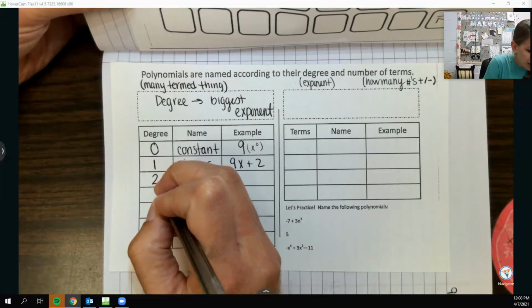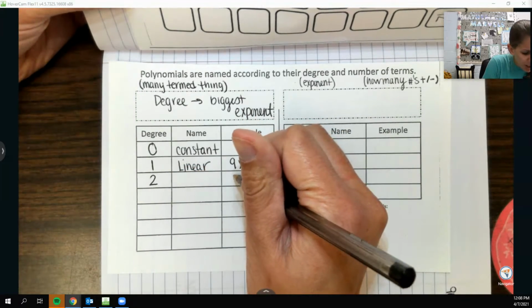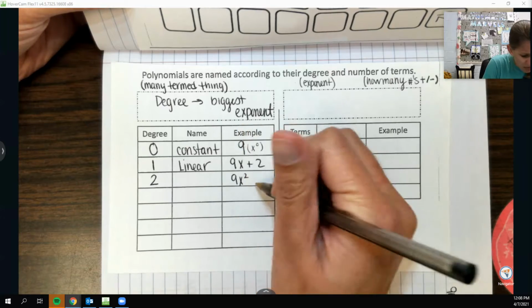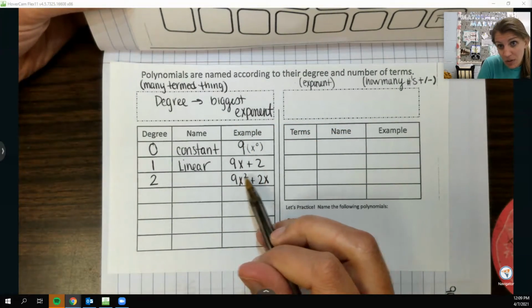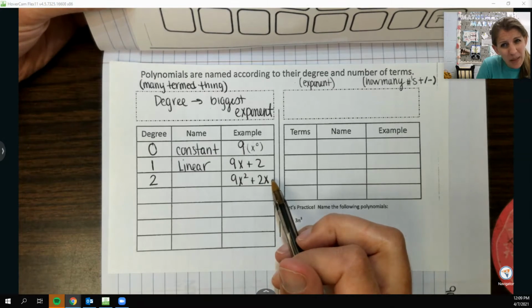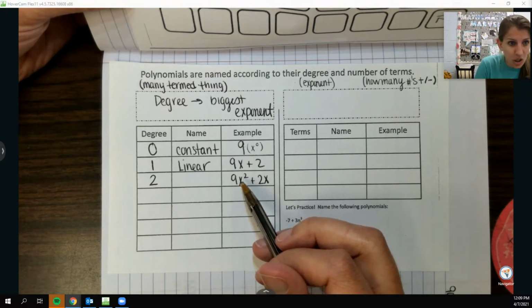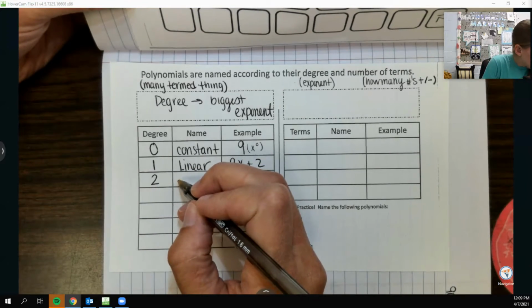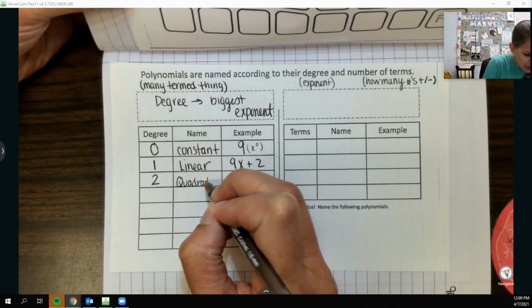If the highest power or the biggest exponent is 2, for example, if I had 9x squared plus 2x, the 2 is bigger than the 1, so I don't worry about the 1. I'm just going to name it based on the biggest power, so 2, and that is called quadratic, which maybe you've heard before.